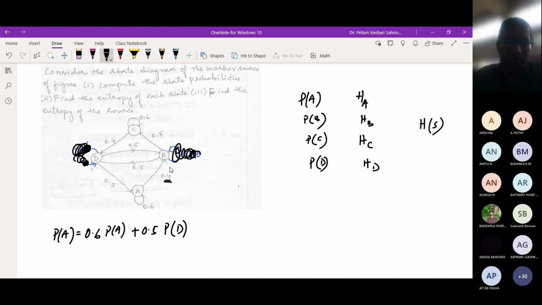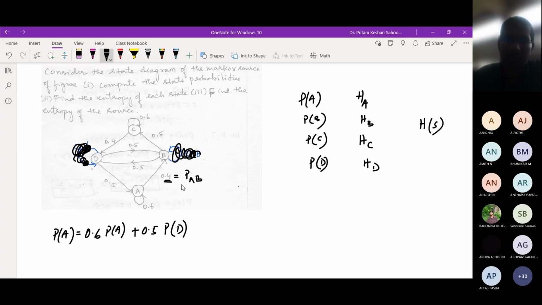Okay, don't get confused. 0.4 is the probability at which state A depends on state B. So that we write as 0.4 is probability of A, B. Okay, don't make it ambiguous.